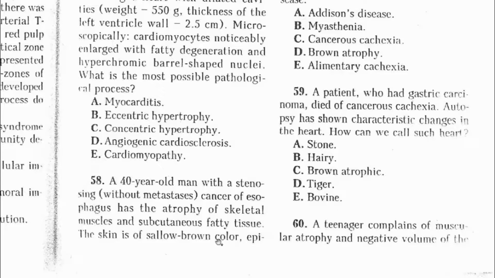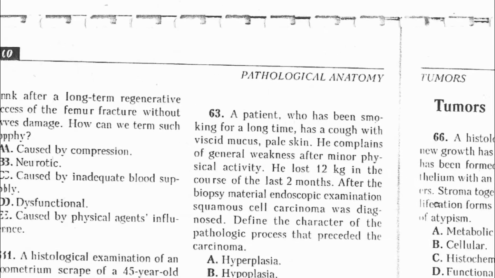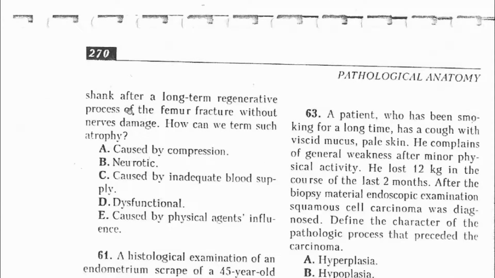60. A teenager complains of muscular atrophy and negative volume of the shank after a long-term regenerative process of a femur fracture without nerve damage. How can we term such atrophy? This is a type of local atrophy called dysfunctional atrophy, which developed due to reduction of the function of the organ.